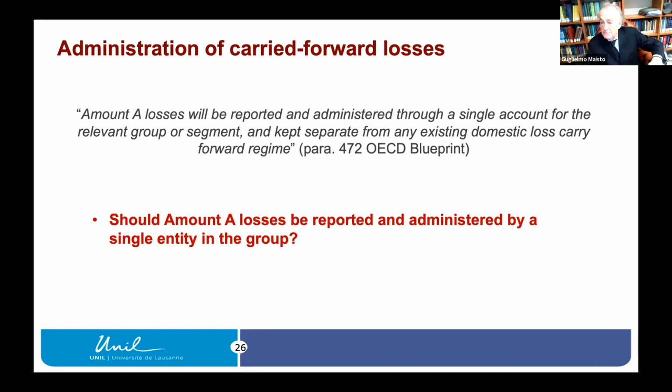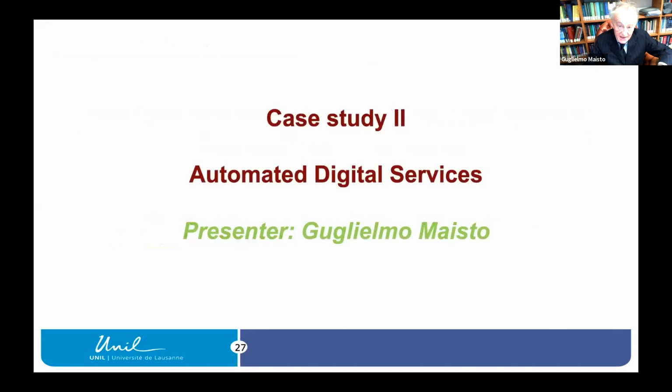I don't know if there is any comment on this particular point. And if not, I think we can move to the case study.